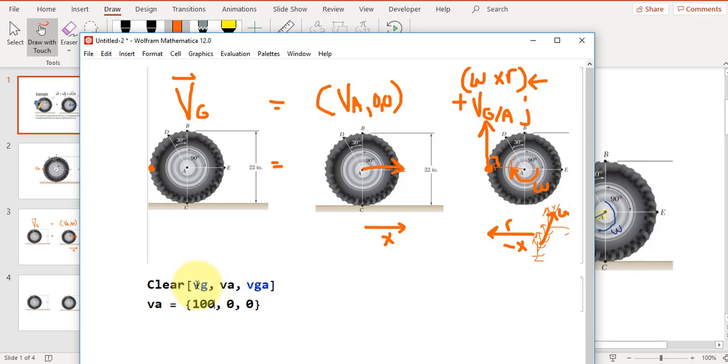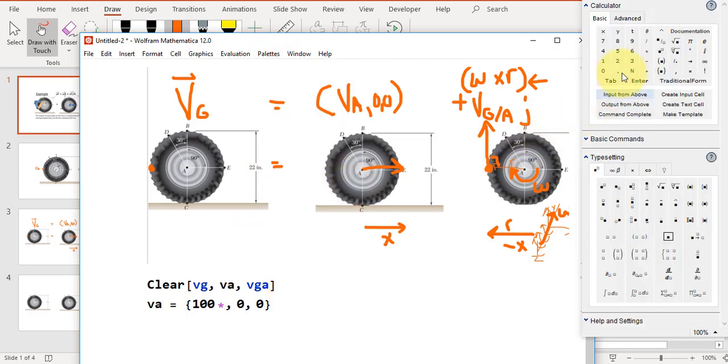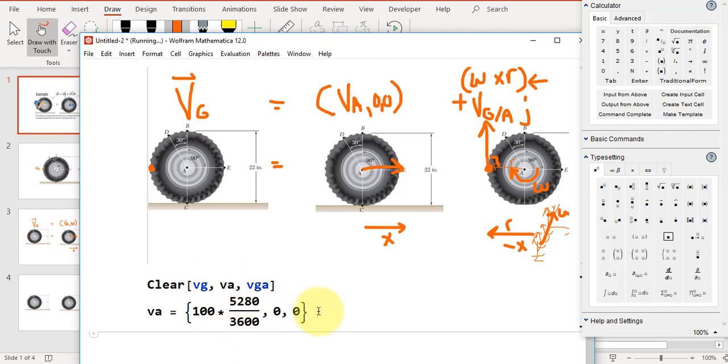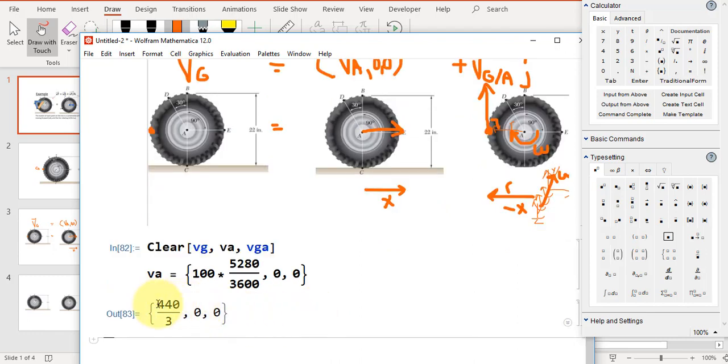And if we have 100 miles an hour, we'll have to change that to feet and seconds. So I'll go ahead and put in 5280 feet in a mile and 3600 seconds. If I evaluate this, it gives me a fraction.